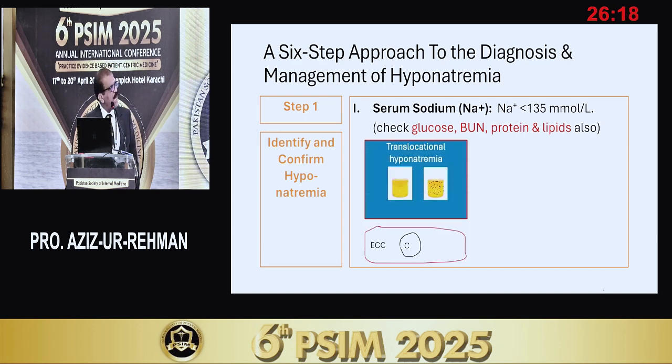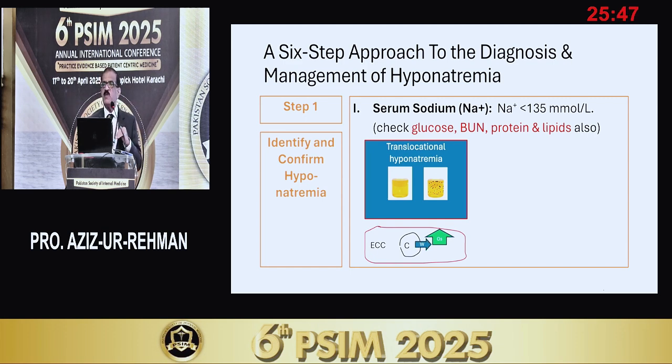This is called translocational hyponatremia. What happens is that there is accumulation of some solute in the body which is not sodium, like glucose or urea. So they increase the osmolality, as shown by the green arrow. They increase your osmolality, and the osmoreceptor detects it, and as a result, intracellular fluid comes out.